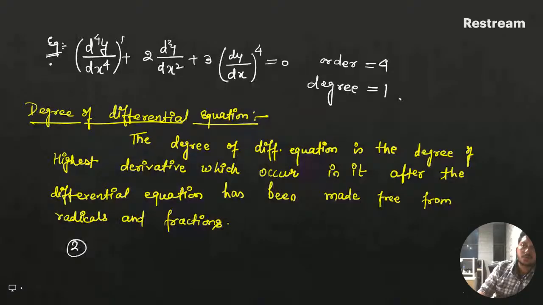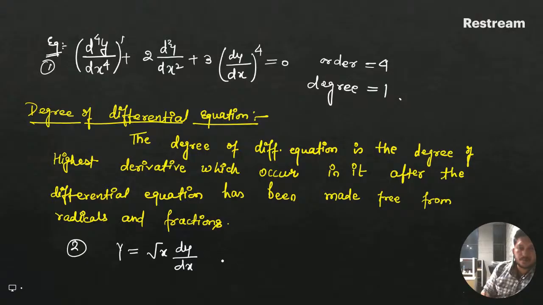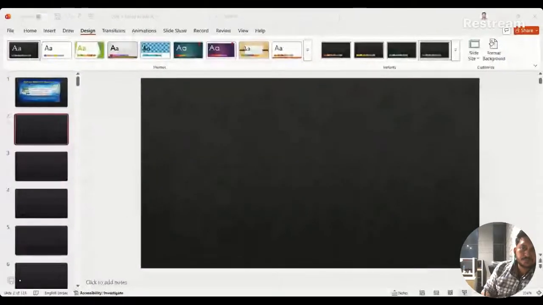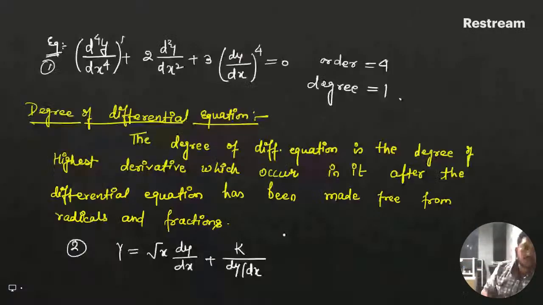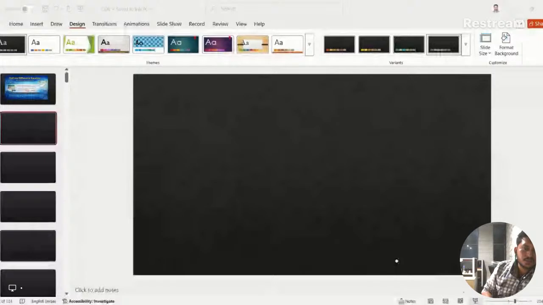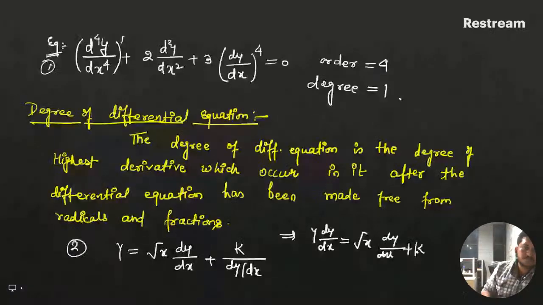I will give you one more example and let's check the order and degree of this given differential equation. y is equal to under root x dy upon dx plus k upon dy upon dx. Okay. So first, let's cross multiply here. y dy upon dx is equal to under root x dy upon dx plus k.